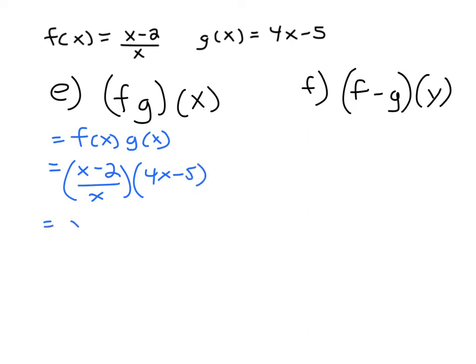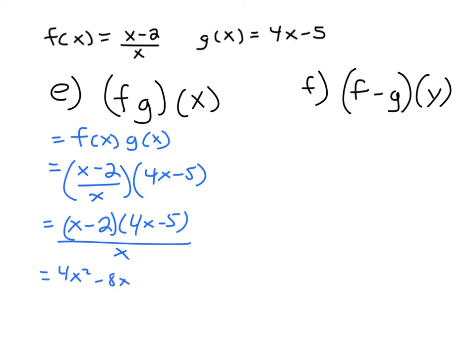That's x minus 2 times 4x minus 5, all over x. We could FOIL this out, and what you'll get is 4x squared minus 8x minus 5x plus 10, all over x.